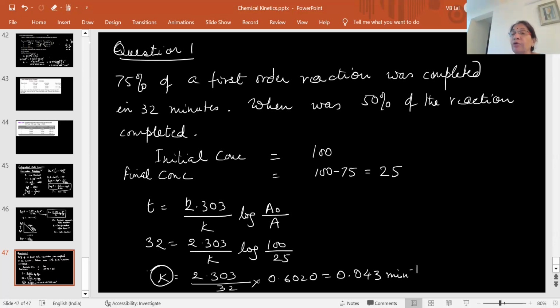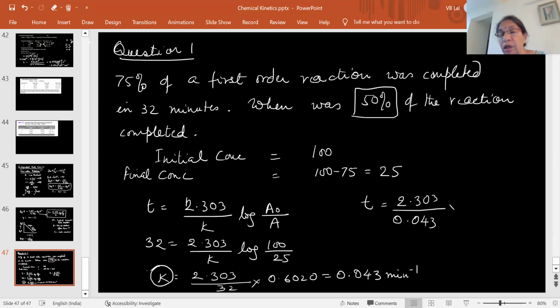Now, if you found the rate constant, I can find the time for the second part, how much time was required to complete 50% of the reaction. So how would I do that? In the same equation, I have to find t. t is equal to 2.303 divided by 0.043 into log of 100 divided by how much will remain if 50% is over? 50 will remain.